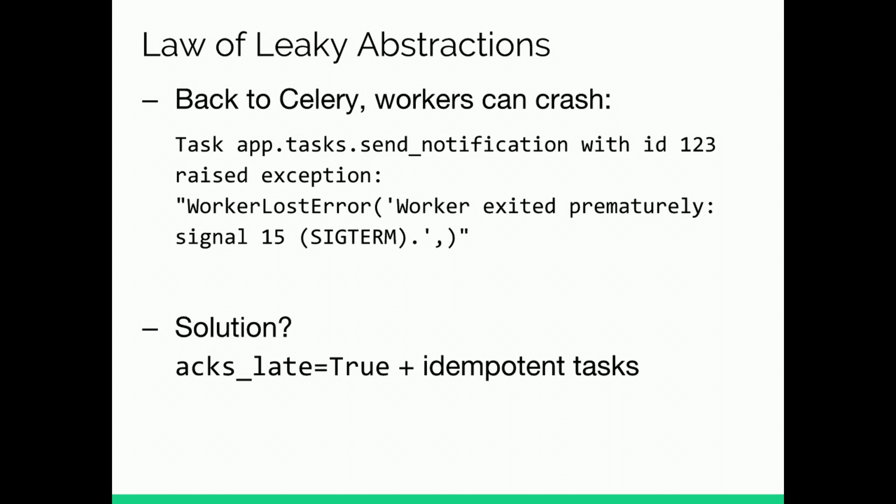And to not send a duplicate email, before sending the email, you have to check that you sent it already. So you have to write this code. This is not abstracted for you. You have to write some code to prevent that. So you have to write your tasks as idempotent. There is no way to say, make this task idempotent. This would be too much for code to do.